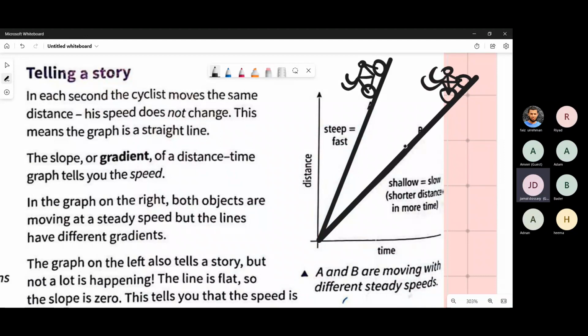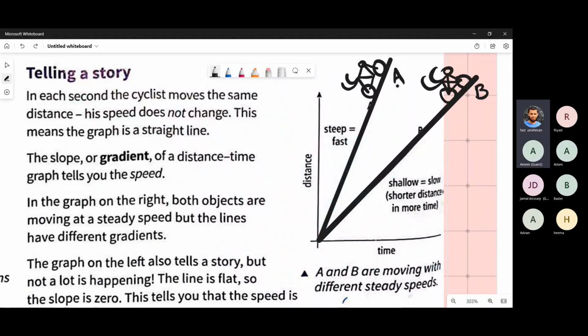Which one is more dangerous, A or B? A is more dangerous because it is so steep. You will go down in an instant. B is also dangerous, but not as dangerous as A.